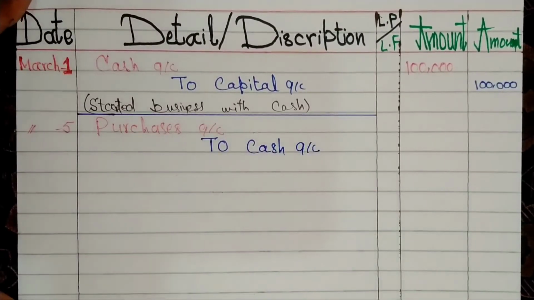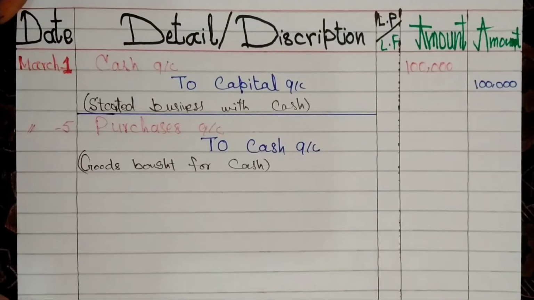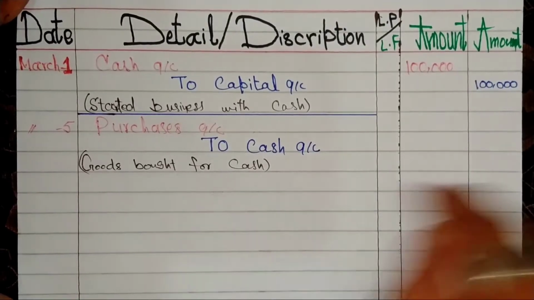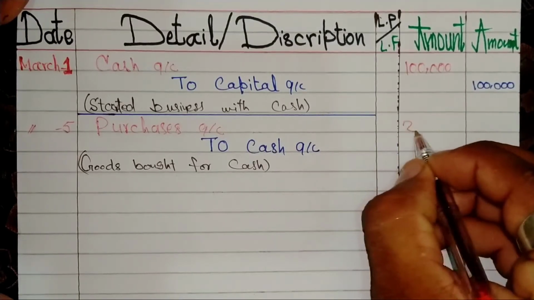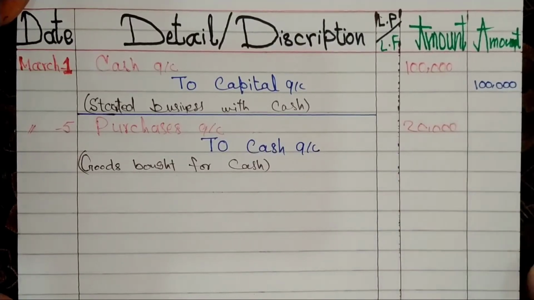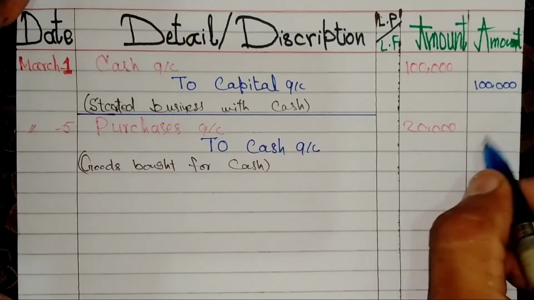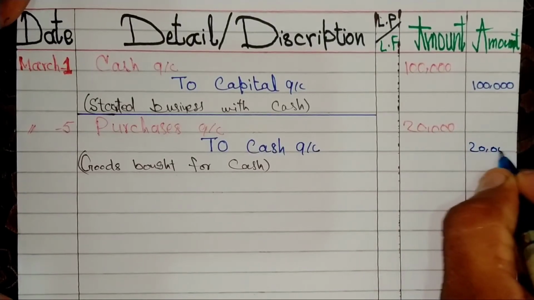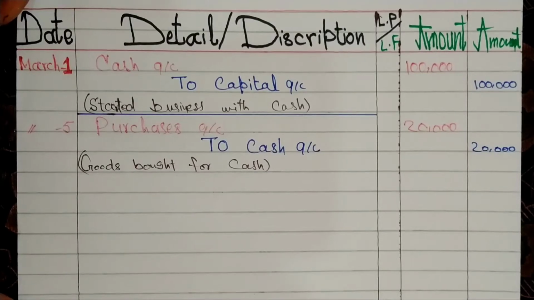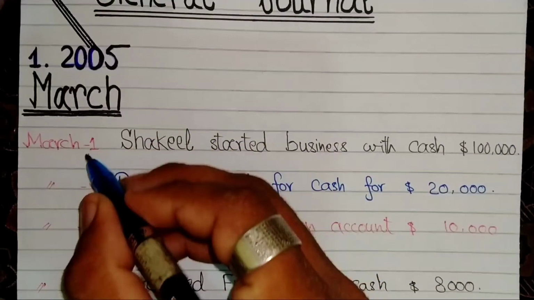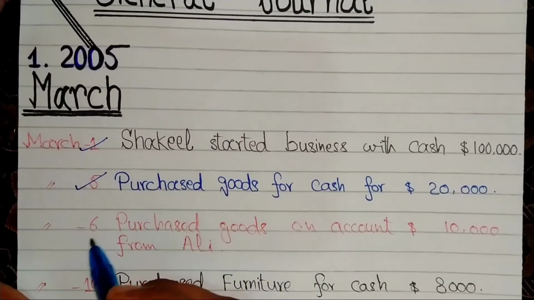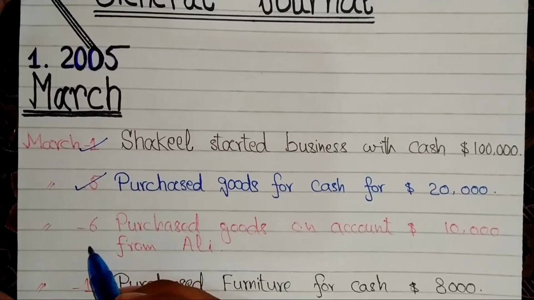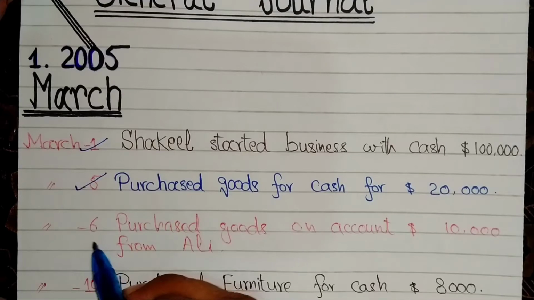With description: goods bought for cash amounted $20,000 and $20,000, right?